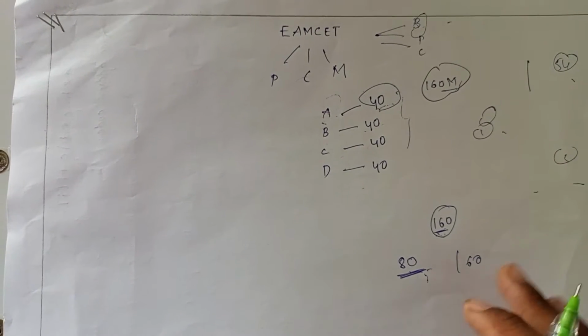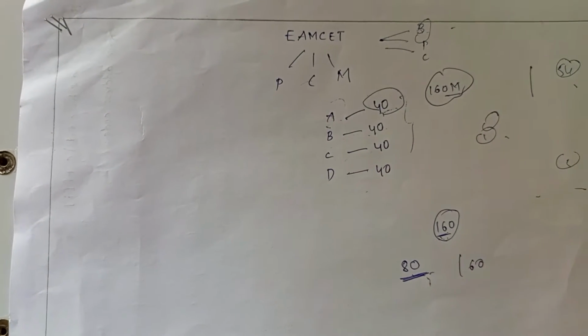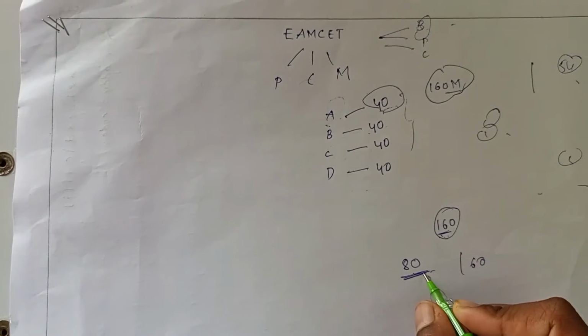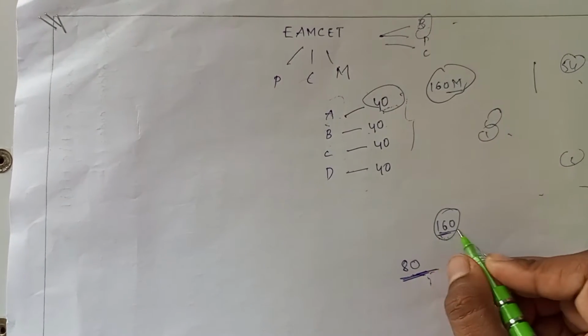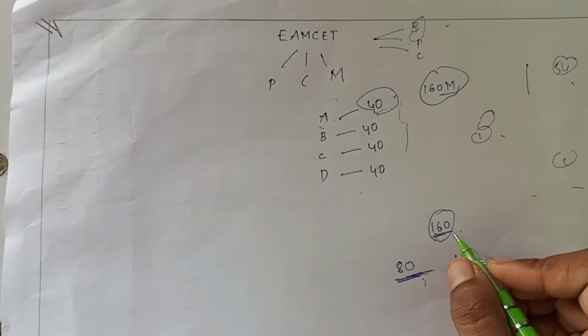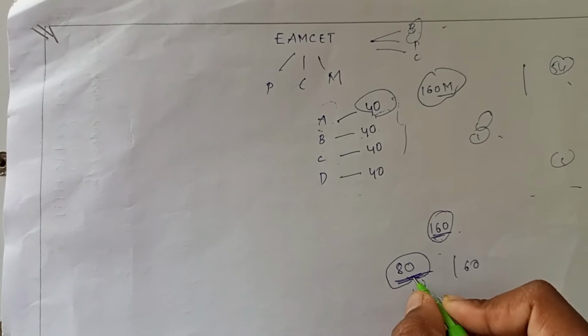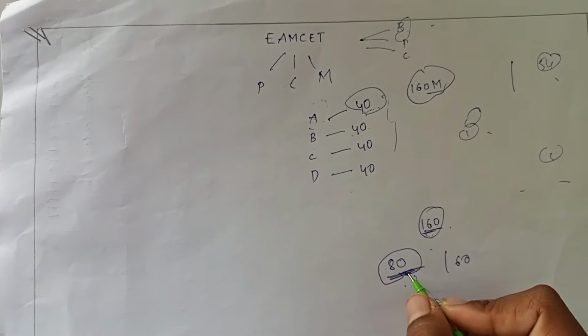First, out of 160 questions, you try to solve the problems. Say you have solved 80 questions out of 160, and you know that these 80 answers are perfectly correct.